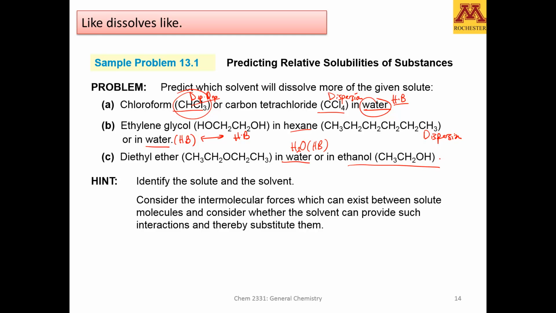Ethanol also has hydrogen bonds, but has an alkyl chain that is similar to the alkyl chains of diethyl ether. Diethyl ether has a dipole-dipole interaction. It has a weak dipole, but in terms of intermolecular forces, ethanol is more similar to diethyl ether. So you can predict that these two will dissolve better than water and diethyl ether. These not as much.